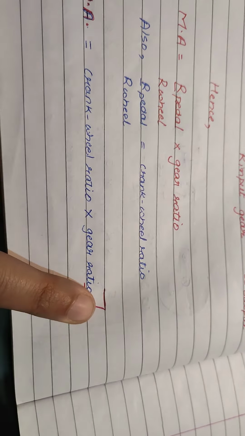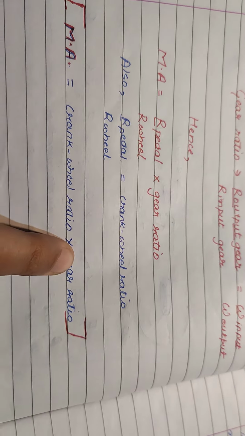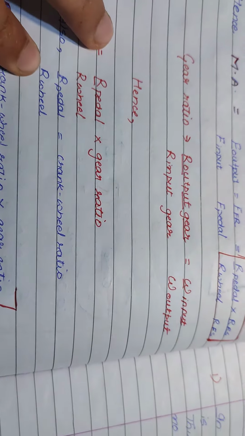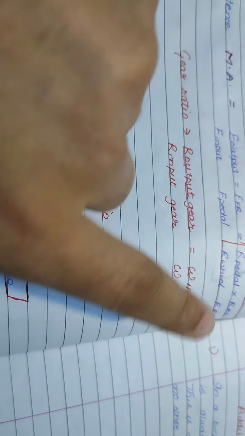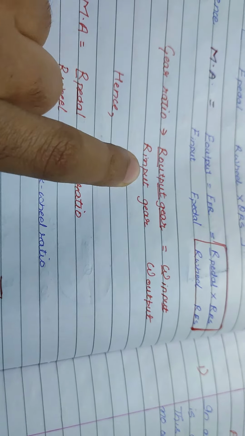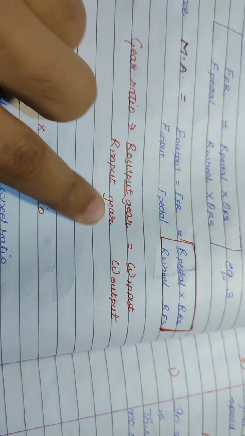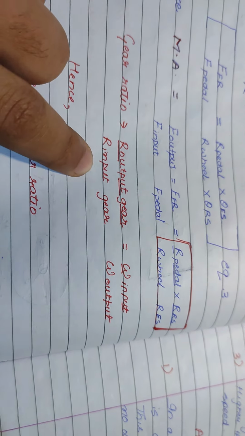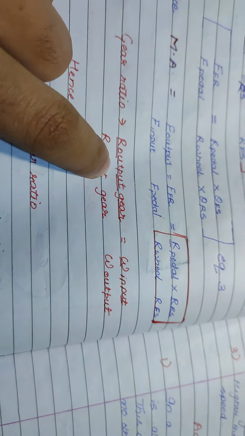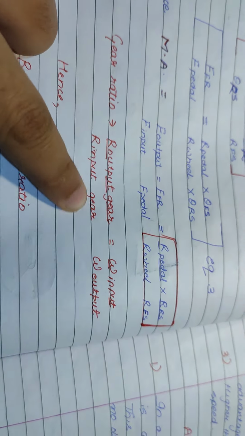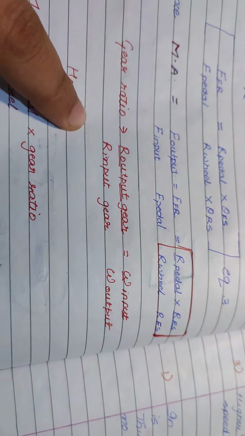Now if you check over here, we have just seen that this gear ratio is nothing but the radius of output gear upon the radius of input gear. We have seen that in most cases the input gear is actually a little larger than the output gear, but if you have a very low gear, which is possible in geared bicycles, then you can have your gear ratio greater than 1. It is possible in some cases.